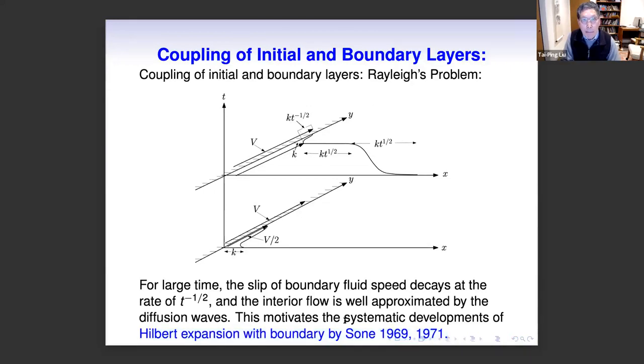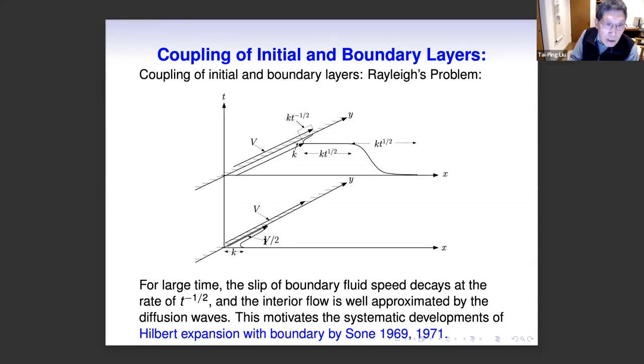Before, he used the Laplace transform to study this, and he just cranked it out. It's not a theorem, it's just an asymptotic expansion, but quite a conventional one. And so he sees that after a while, there is a collision layer, and then the fluid-like wave. And so he then developed a Hilbert expansion with boundary.